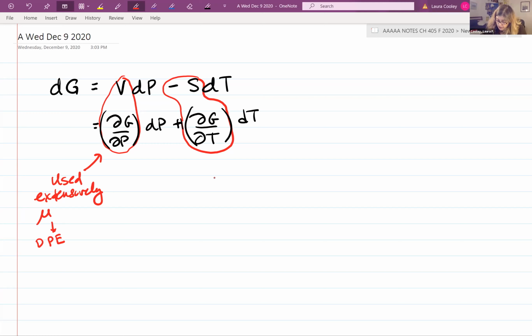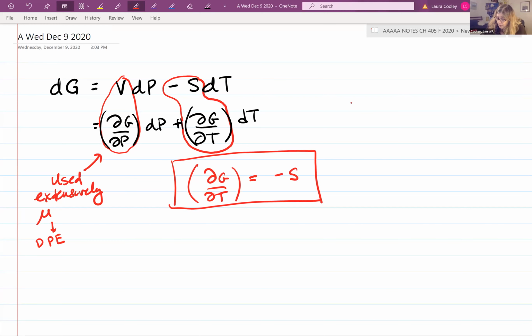But this equation, the partial derivative of G with respect to temperature, this is the other part: the partial derivative of G with respect to T is equal to the negative of the entropy. And that's where we're going with this. So the goal for this part of today is to get to this equation.